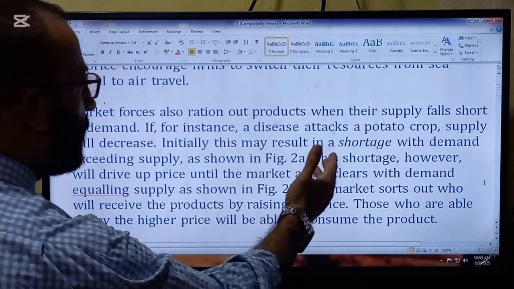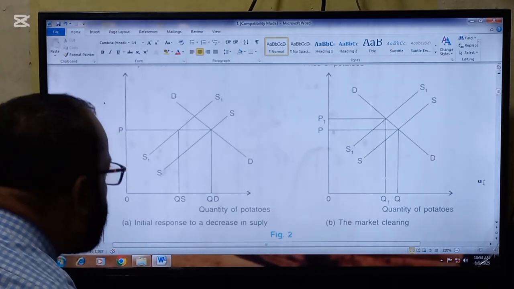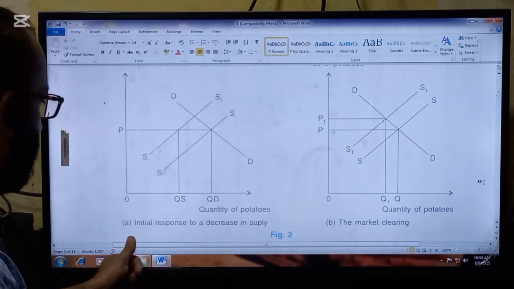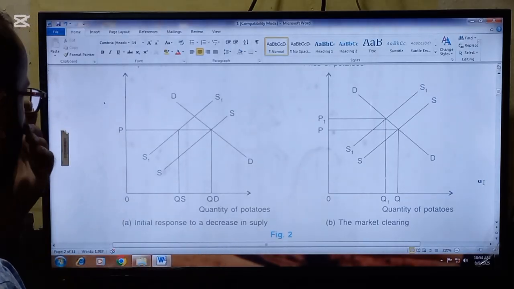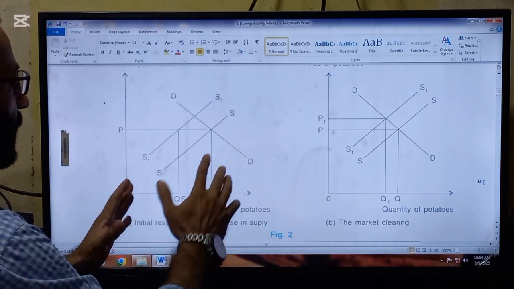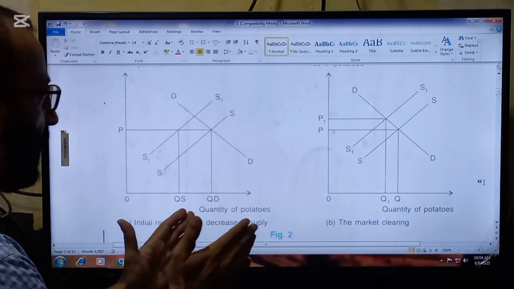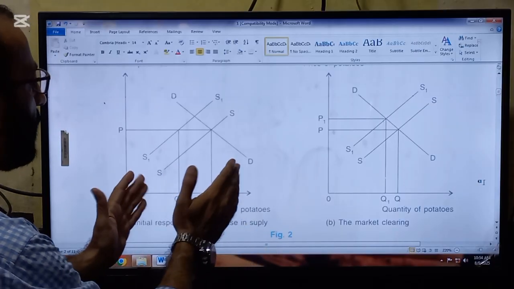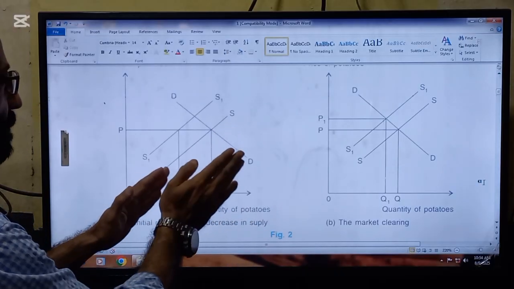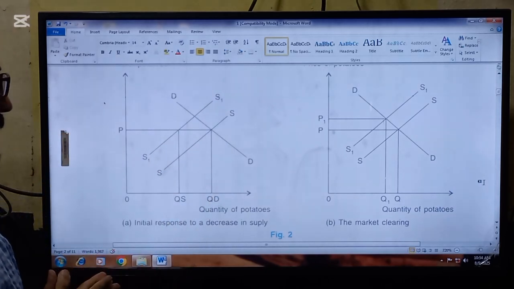Due to a disease attack, potato crop supply will be decreased. So here you can see this is the initial response to a decrease in the supply. The original supply curve is SS. Because of the disease, the crops will decrease, so supply in the market will be decreased. So the supply curve will move towards the left or inward, and the new supply curve will be S1.